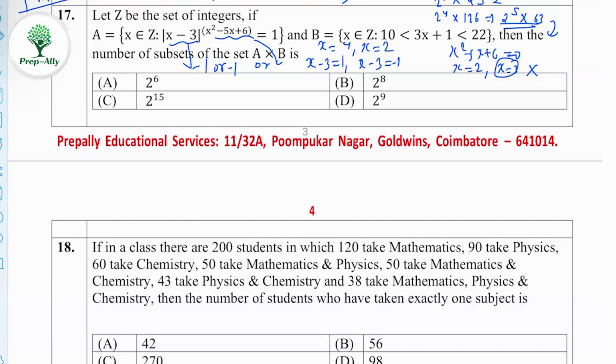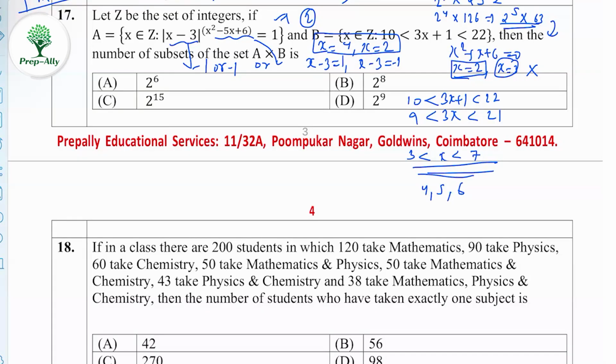So here it will have how many elements? 2. 3x plus 1 is from 10 to 22, so 3x is from 9 to 21, so x is from 3 to 7. So we'll have 3 elements: 4, 5, and 6. So finally, the number of subsets is 2 power p into q. So 2 power 2 into 3 is 2 power 6.